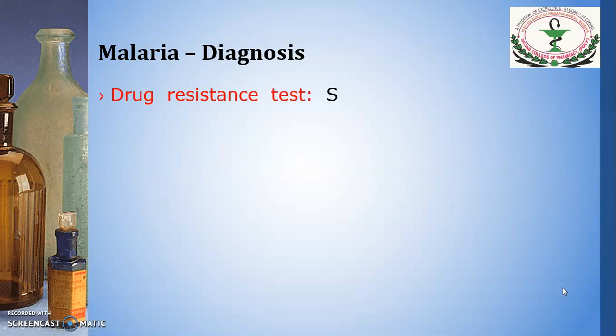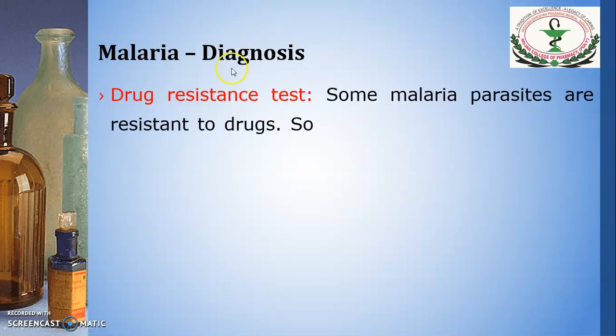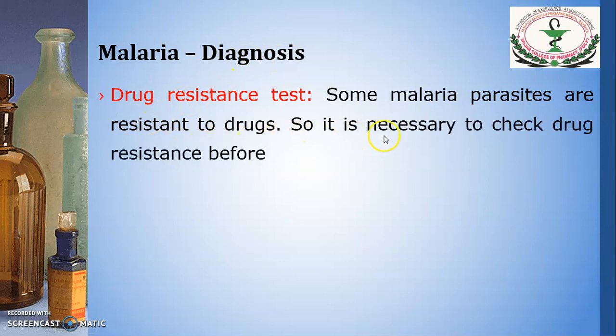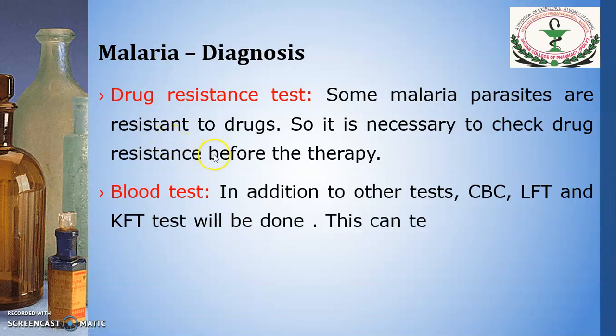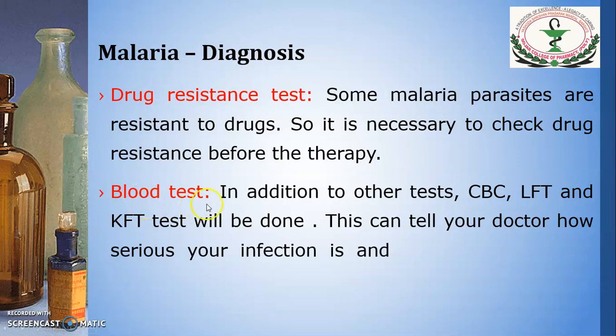Next, drug resistance test. Some malarial parasites are resistant to some of the malarial drugs. So this test is also performed to check the sensitivity of that parasite towards the drugs which are available for the action.